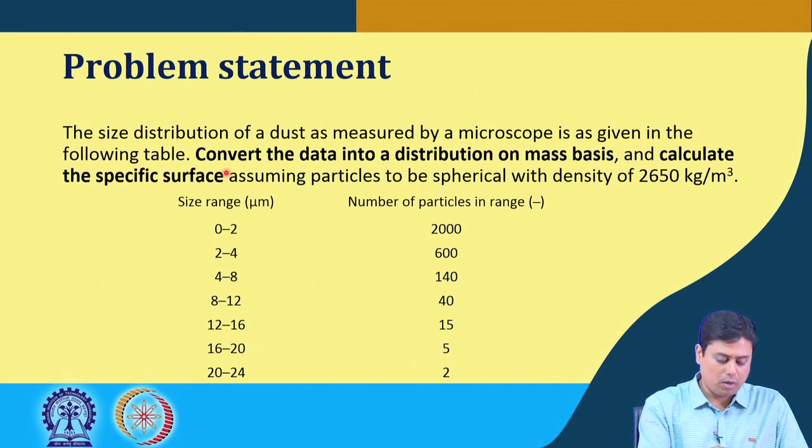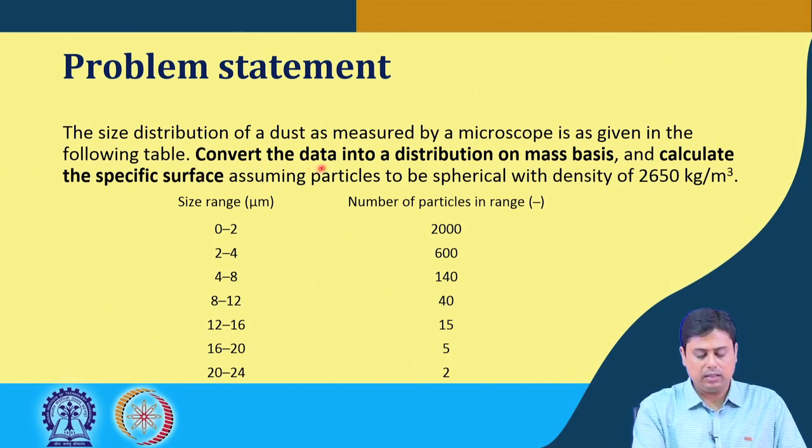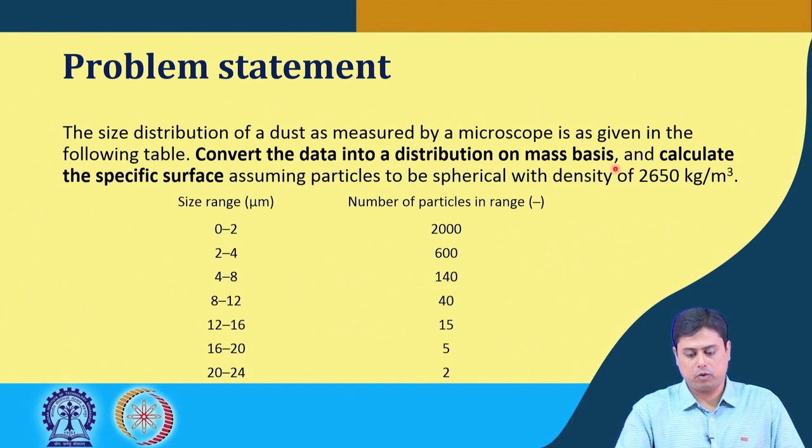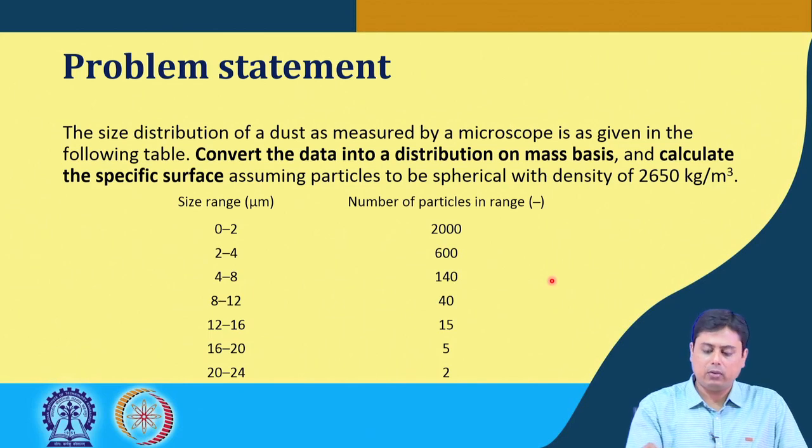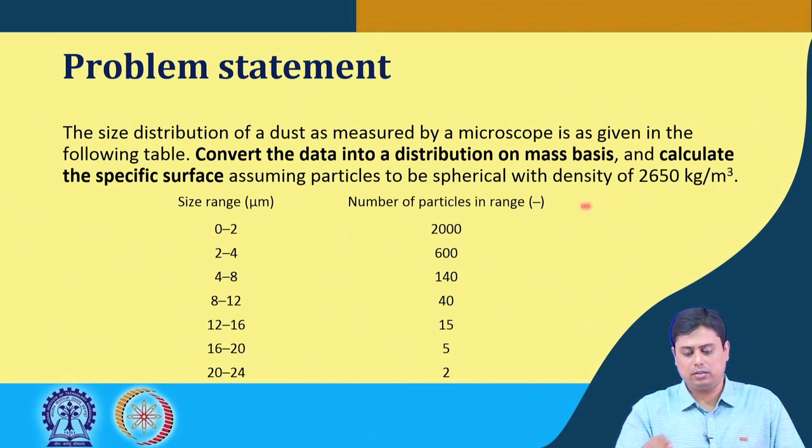So the first objective is to convert the data into a distribution on mass basis. Okay. Here it is given in number basis, we have to convert this to mass basis and calculate the subsequent step, that we will again come back to this question later. So at first let us focus on this conversion between the number distribution to the mass distribution.